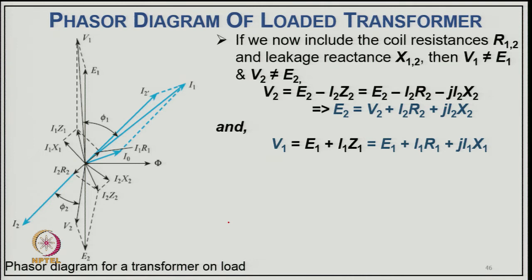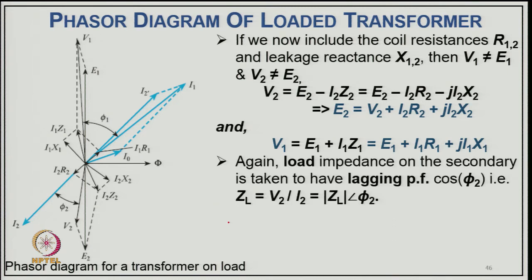We can say V 2 equal to E 2 minus I 2 Z 2, and it means E 2 minus I 2 R 2 minus j I 2 X 2, or E 2 equal to V 2 plus I 2 R 2 plus j I 2 X 2, and V 1 will be E 1 plus I 1 Z 1, that is E 1 plus I 1 R 1 plus j I 1 X 1. So, these are the typical basic equations normally used in the calculation of the different variables in the transformer.